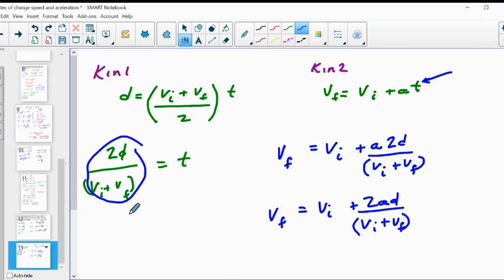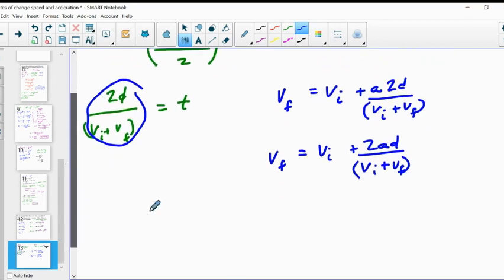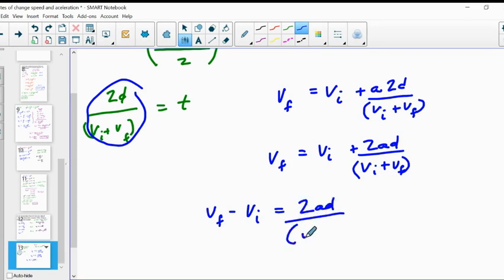Now, that equation is still a little bit complicated. So let's see if we can get rid of the denominator, the fraction looking thing here. I'm going to move my vi to the other side of the equation. Vf, take away vi, equals 2ad divided by vi plus vf.